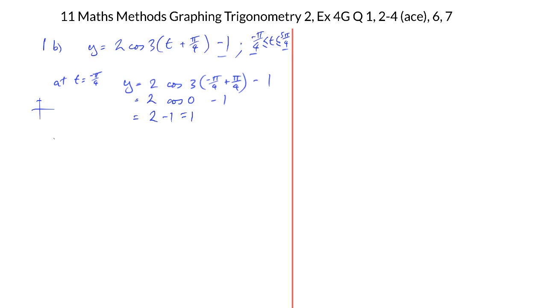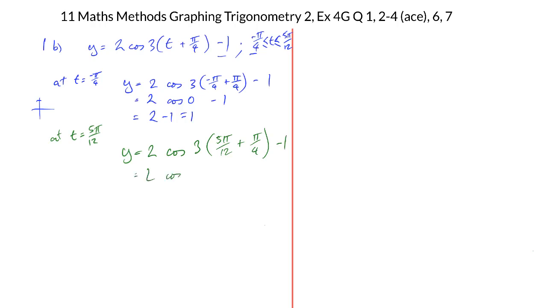Now the next point to look at is, now I just realized I had made a bit of an error. I had written down 5 pi on 4 when it's actually at t equals 5 pi on 12. Now I've changed that. Now when we substitute, we get y equals 2 cos(3 times (5 pi on 12 plus pi on 4)) - 1.